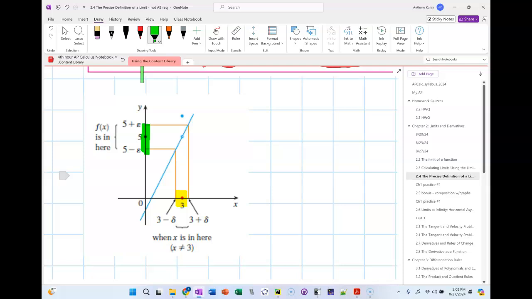As we squeeze in on the x-axis, what's going to happen to that bound on the y-axis? It's going to squeeze down also, right? So as delta goes to 0, you get the idea, right?